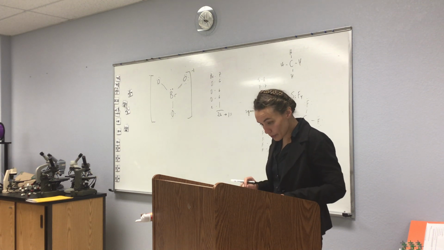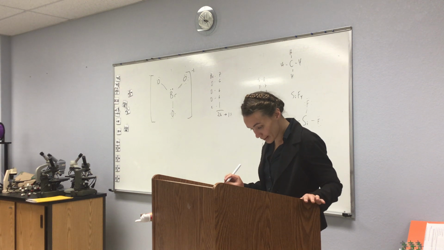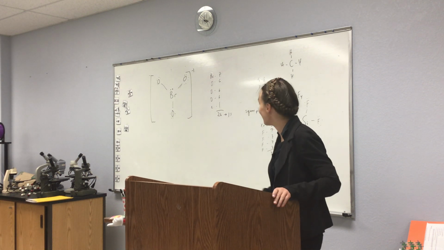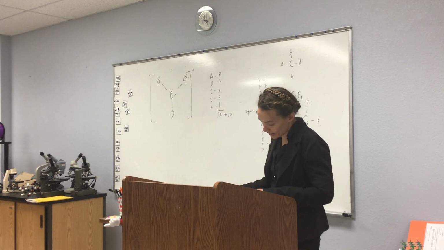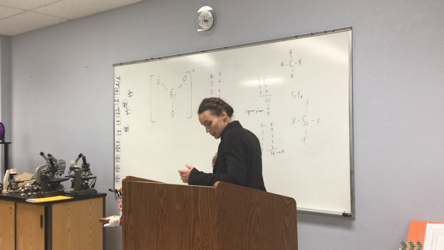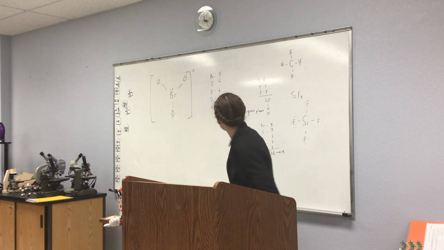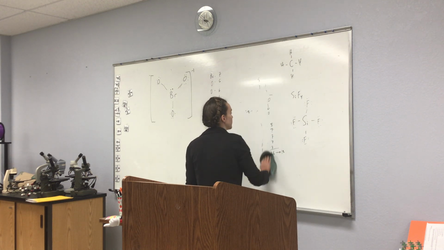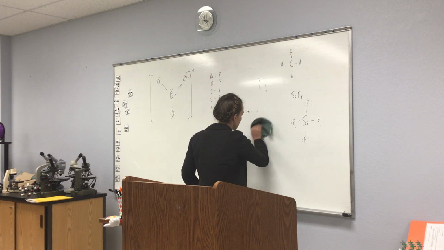Alright, now, let's think about polarity. Starting with something like, how about CS2? Because now we know the shape for that, right? I need to redraw it, but that's okay.